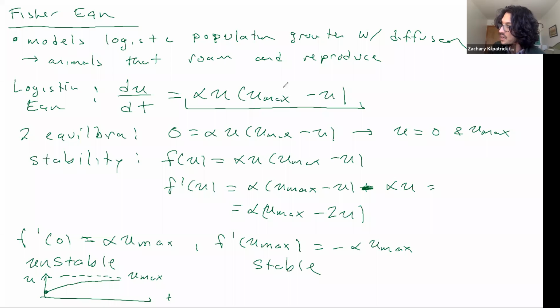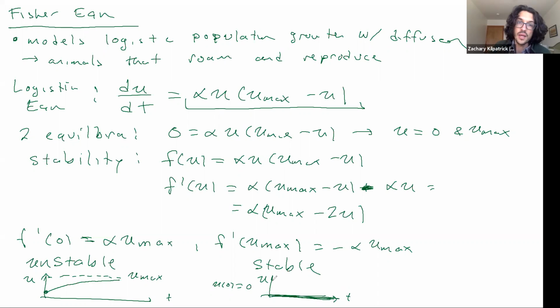When u gets above u max, the rabbits run out of food and start starving, until the reproduction rate balances out the death rate. This is as opposed to pure exponential growth. Obviously, if you start out at u0 equals 0, you would never leave u equals 0.